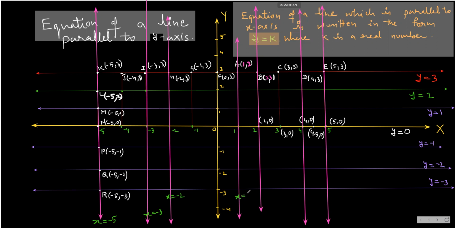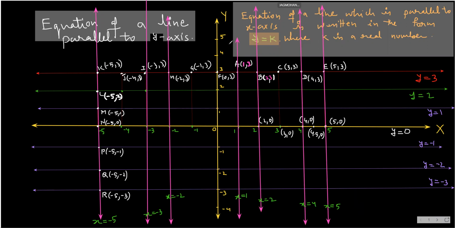This is x equals to 1. X equals to 2. This is x equals to 4. X equals to 5. Why x equals to 5? Because all the points on this will have x coordinate 5. They will all have x coordinate 5.